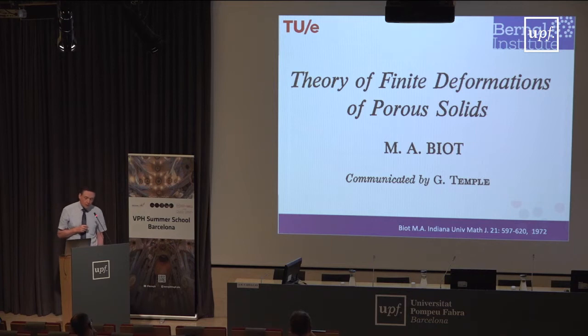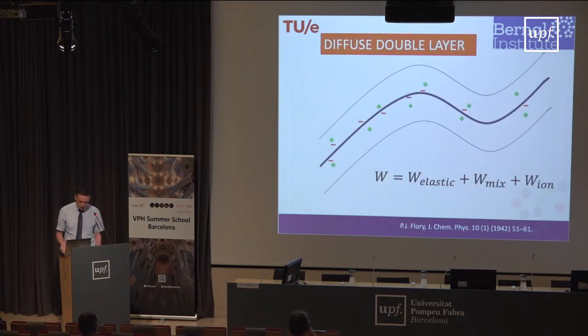So what we use, basically, practically speaking, in order to study these gels and intervertebral disc is the theory of finite deformation of porous solids. And it's actually a very old theory because it dates back to 1972. And on top of that, we use the insights from Flory, also a Nobel Prize winner, on swelling, who argued that you need 3 free energies.